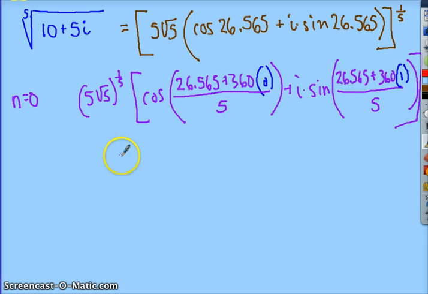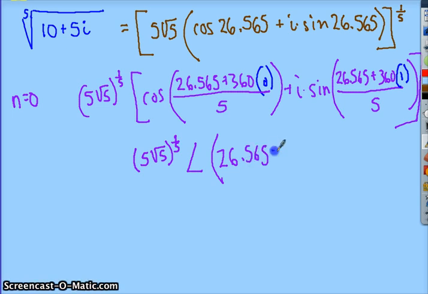Okay? If we want to then use our calculator to figure all of this out in complex form, remember, we put our modulus, angle sign, right, parentheses, theta, divide by 5. When n equals 0, that's all you have to do, right?